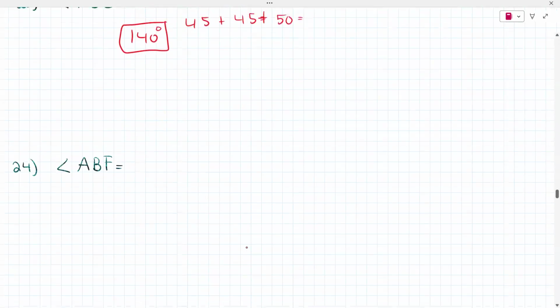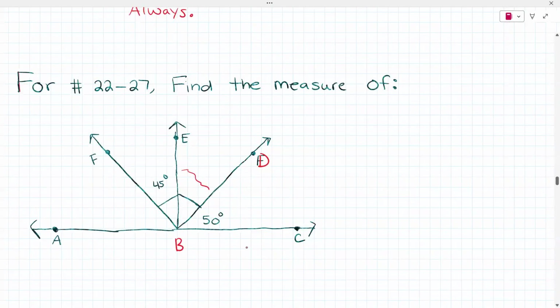24, what is the angle of ABF? What do we know? We know that ABC forms a straight line. So this angle plus this angle plus this angle plus this angle is going to form a straight line, 180 degrees.